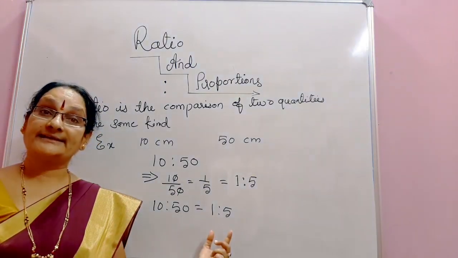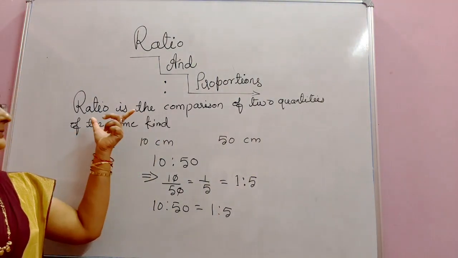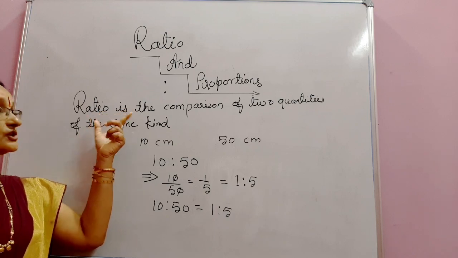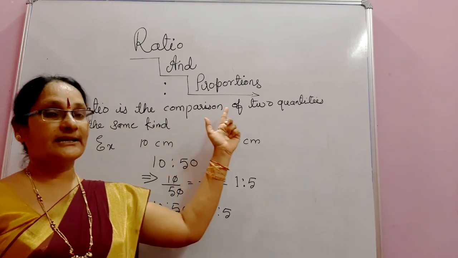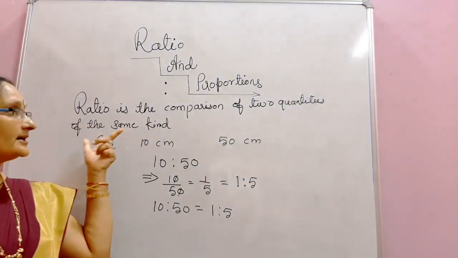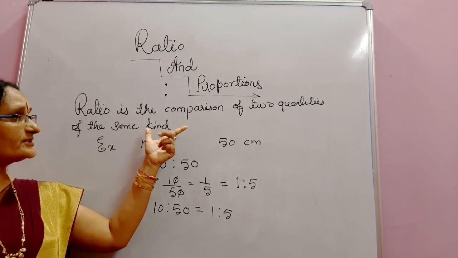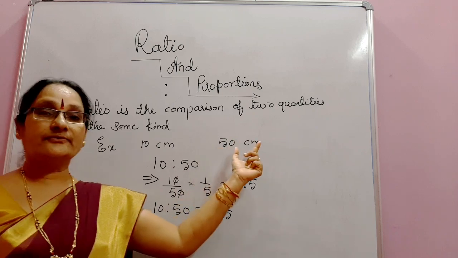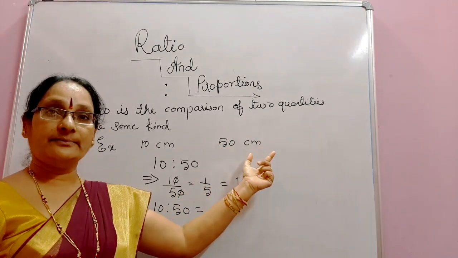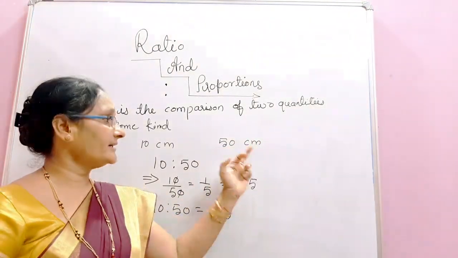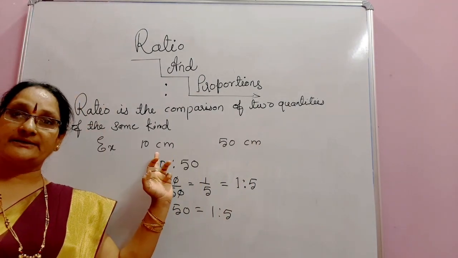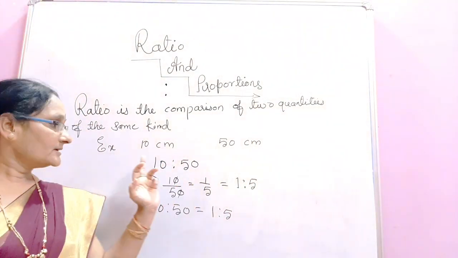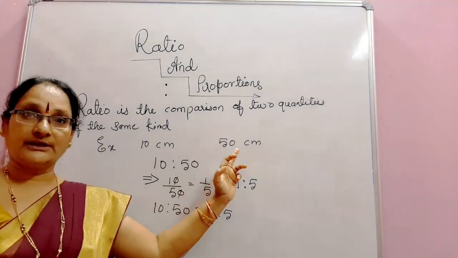This is an example of ratio. What is the definition of ratio? A ratio is the comparison of two quantities of the same kind. Which two quantities did I compare here? One is 10 centimeter, the other 50 centimeter. Same kind means both are measured in centimeter. So 10 is to 50.